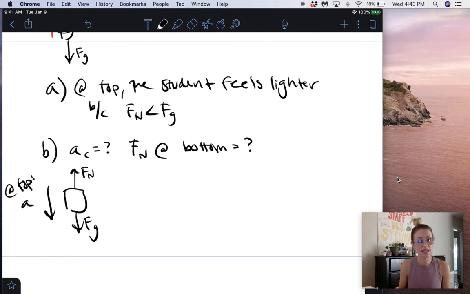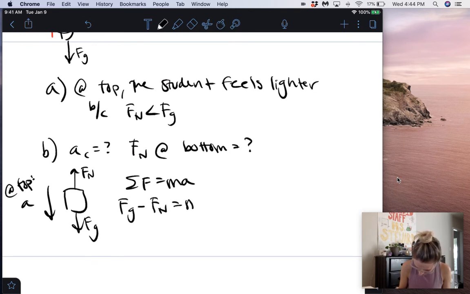Now, if I use Newton's second law here, I get net force is equal to mass times acceleration. Here I'm solving for acceleration, and I know this is a centripetal acceleration. I'm going to call downwards positive because that's the direction of my acceleration, and I get force of gravity minus the normal force is equal to mass times acceleration. I know what force of gravity is, and I know what normal force is at the top.